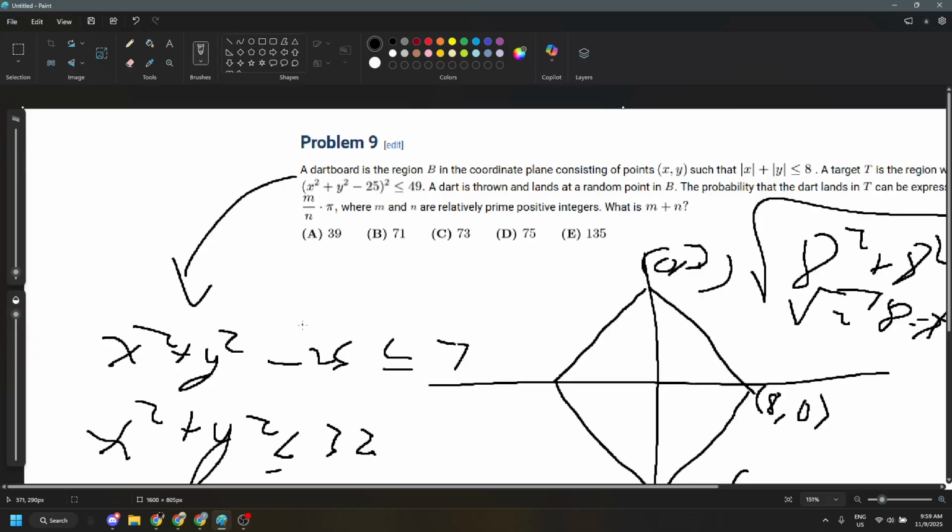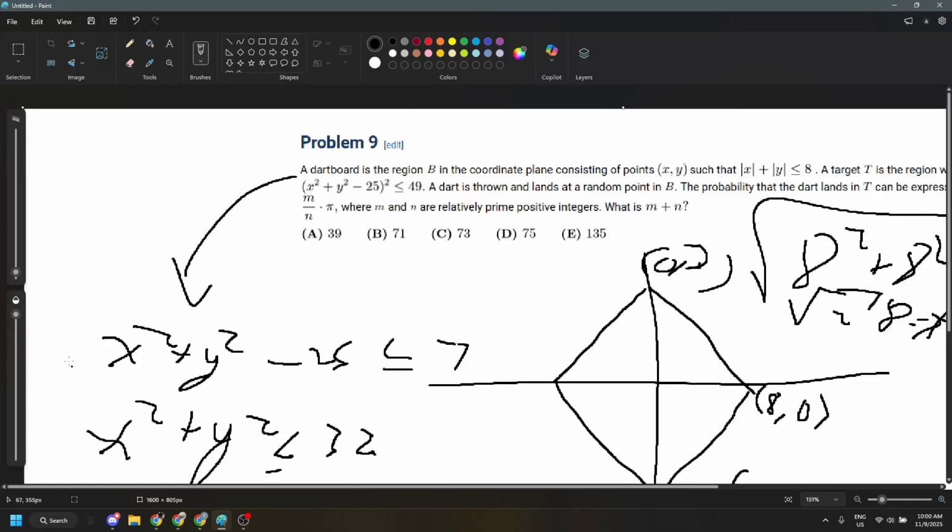But you could also make this negative. So let's do 3. It'd be 18 minus 25, which would give you negative 7. And negative 7 squared is in fact less than or equal to 49.